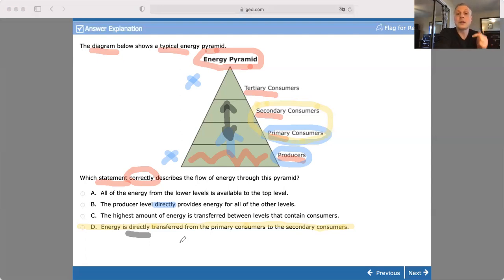The producers are directly connected to the primary consumers. The primary consumers are directly connected to the secondary consumers and the producers, that you can go up or down. And then the secondary consumers are directly connected to tertiary consumers and the primary consumers. And then the tertiary consumers are only directly connected to secondary consumers.